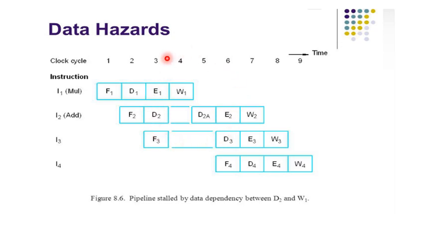As the decode unit decodes the add instruction in cycle 3, it realizes that R4 is used as a source operand, because we have already taken an example in such a manner.